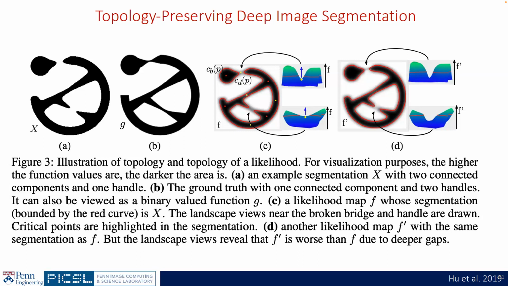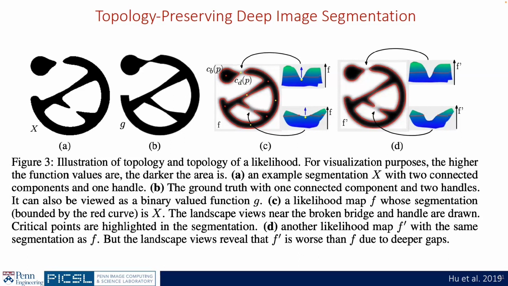So how can we leverage intrinsic topology characteristics to make sure our network is learning these properties of the segmentation? Does it make sense what we are going after?